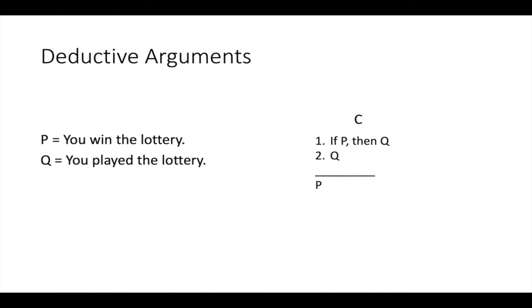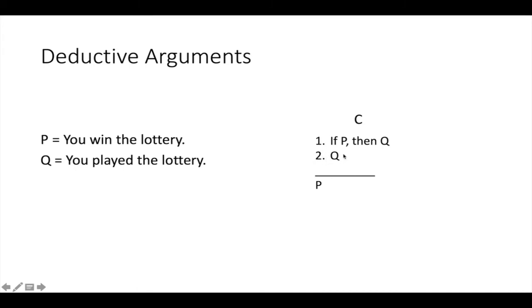If we plug in our sentences about the lottery into the first premise, then we get: if P, if you win the lottery, then you played the lottery. Well, that's true. You can't win if you didn't play, right? If you won, that means that you played.